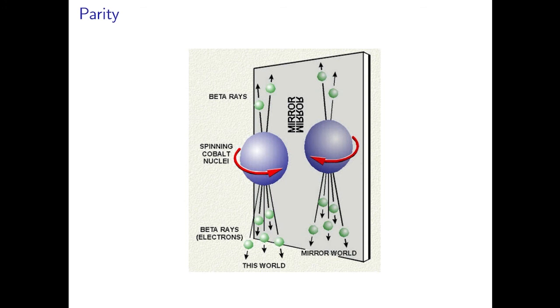Because the beta rays or the electrons are always going to get ejected in the same direction as the spin, but in the mirror image right there, it's in the opposite direction. So what do we have here? We have something called the parity violation. So what does that parity violation tell us? That although there is a parity transformation, it doesn't exist in nature as we see it right now.